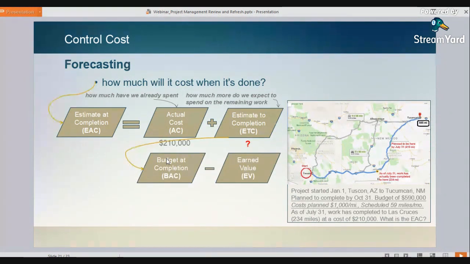But in terms of money, our remaining work is our budget. Our budget was $590,000 minus what we've already completed, our earned value. We've already earned and completed the work from Tucson to Las Cruces. We've already completed $234,000 worth of work.